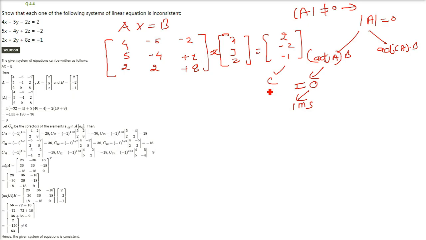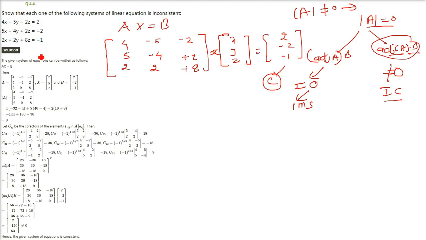It is consistent, since we have infinite solutions. But if the determinant of A is 0 and adjoint of A multiplied by B is not equal to 0, then what do we say? We say the given system of equations is inconsistent.